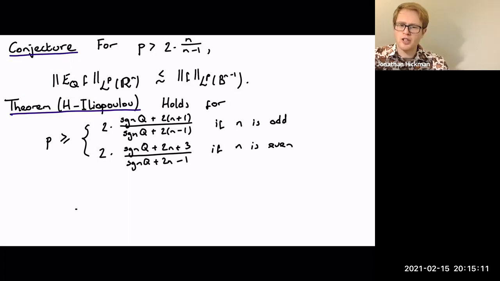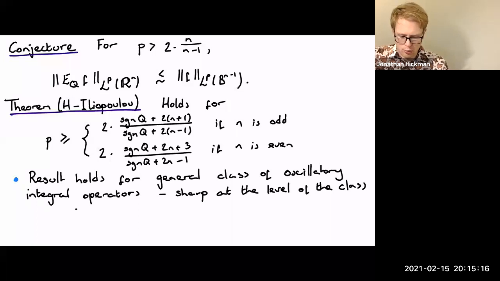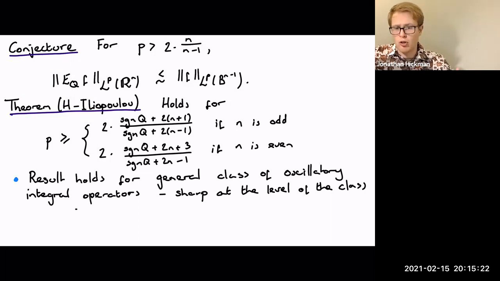So in order to contextualize the result, I would like to remark that we actually prove inequalities for a more general class of oscillatory integral operators. These oscillatory integral operators are variable coefficient generalizations of these EQ. And it turns out at that level of generality, our theorem is in fact sharp.